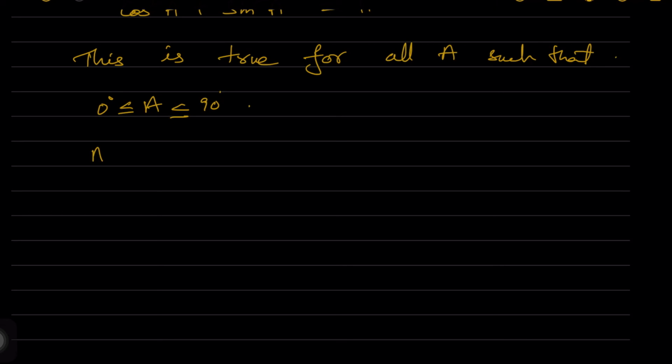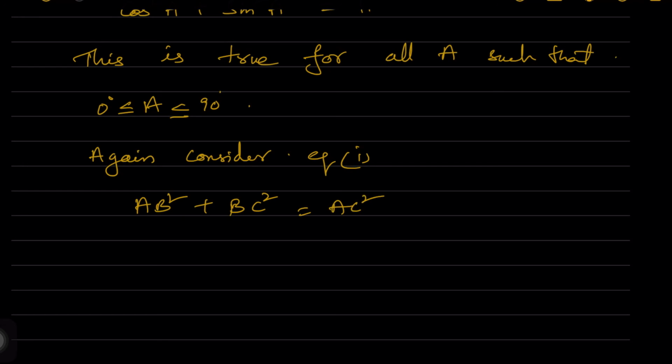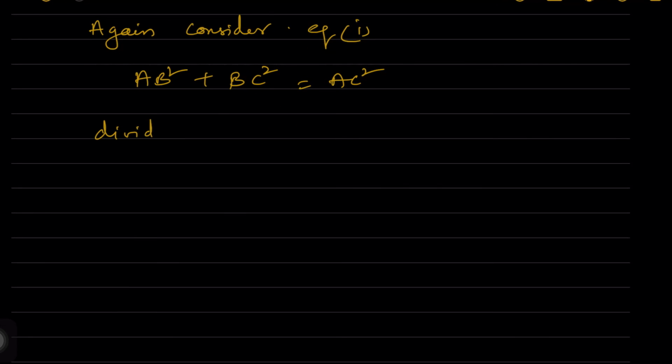Now again consider the same equation 1, that is, using Pythagoras theorem we have AB square plus BC square is equal to AC square. Now divide throughout by BC square.